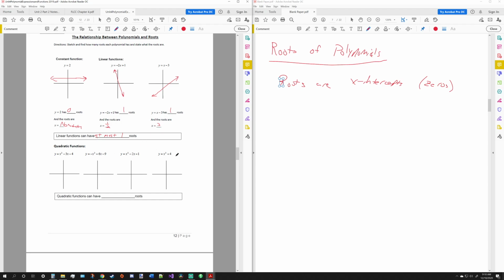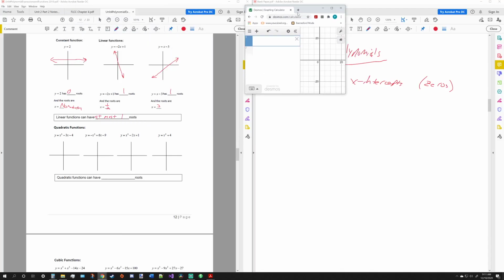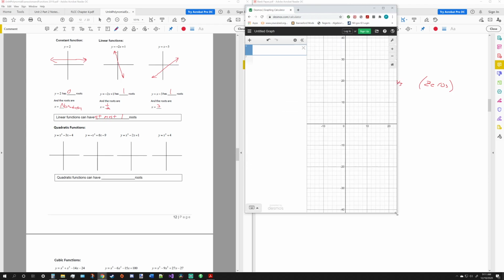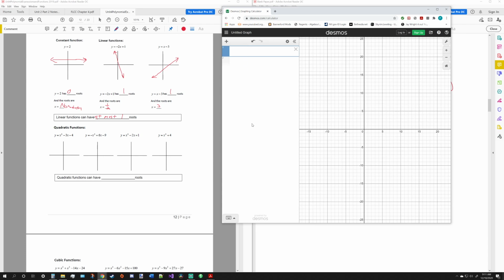A quadratic function, though, is a different thing. So for these, you're going to have to put these in your calculator and sketch them. So put them where they're supposed to be, approximately. I don't really have one of your graphing calculators, but I have Desmos. So I'll just bring up Desmos and I'll type these in. So you guys should be graphing this in your calculators into y equals.